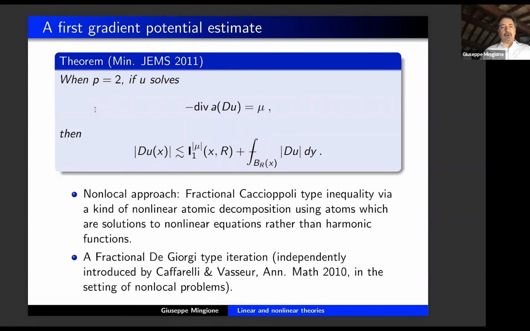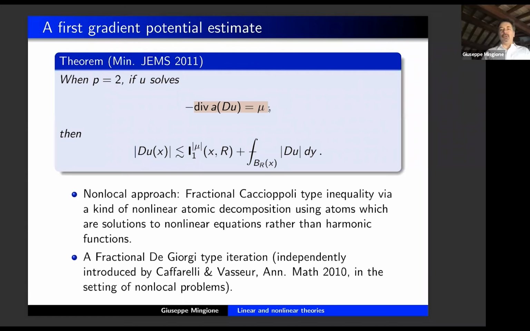But first of all, let me say something about the proof. Since you cannot differentiate the equation, as in the original proof, you observe the following thing. Although there are no second derivatives, as we shall see later on, the gradient can be differentiated in a fractional sense.